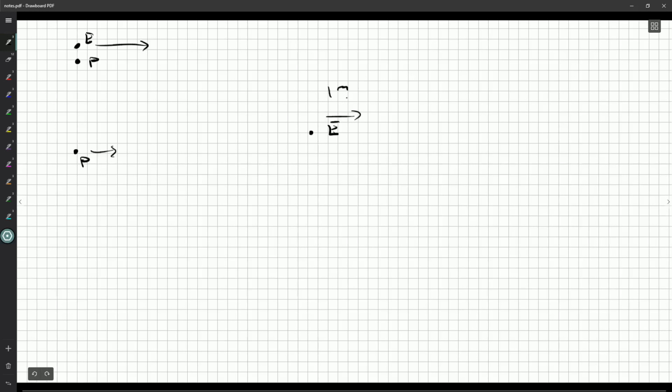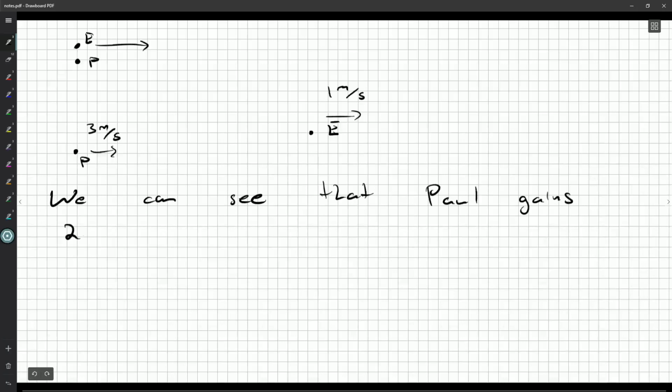Well, every second, Esther will move 1 meter, but Paul will move 3 meters, and that's going to mean that he gains 2 meters every second on Esther. So we can note, Paul gains 2 meters every second on Esther once they are both moving.